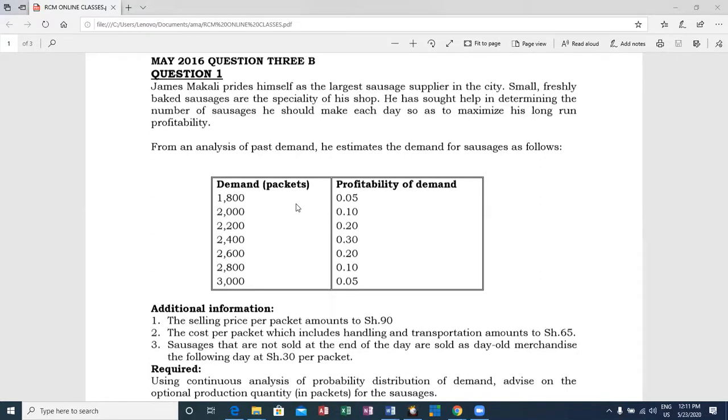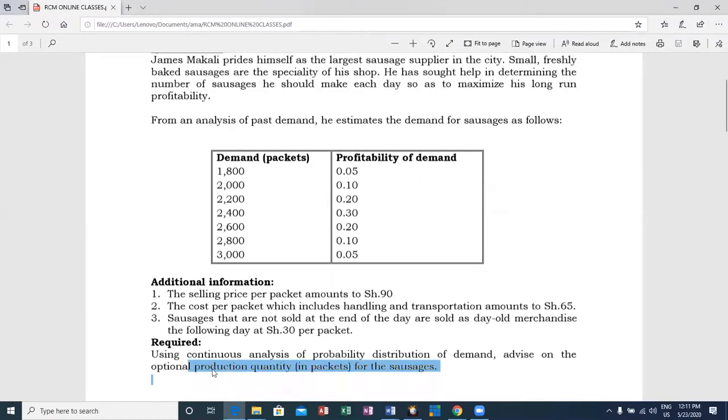Demand. Using the continuous distribution, they want us to advise on the optimal production quantity.